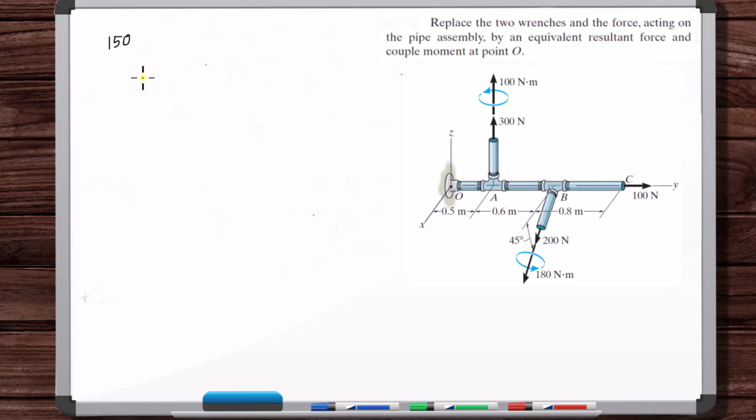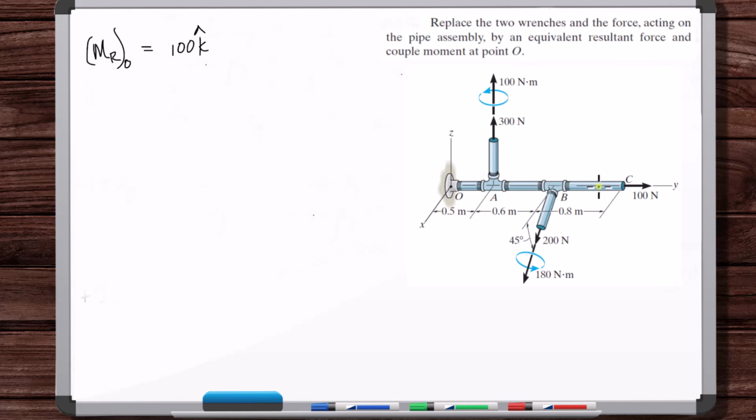Okay, actually, let's do this. We're going to find the resultant couple moment at point O, right? That's what we're looking for. Okay, we have 100 k hat. What else?